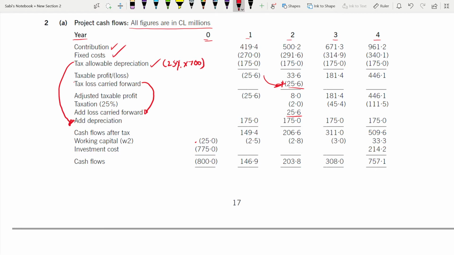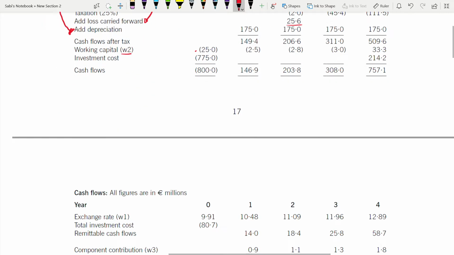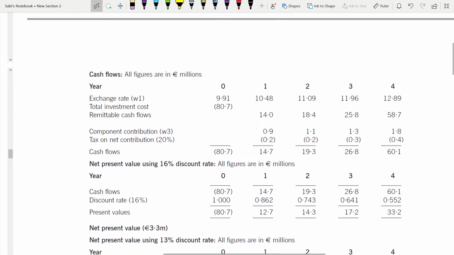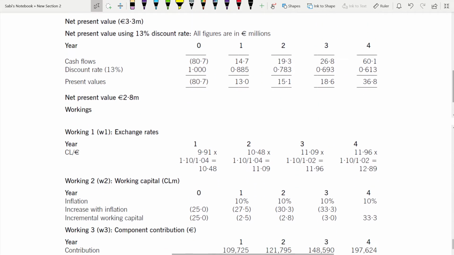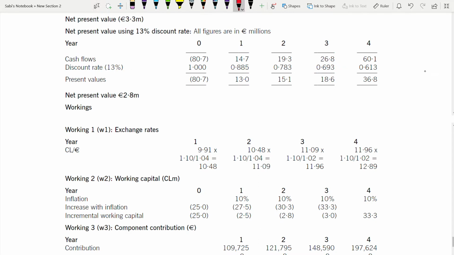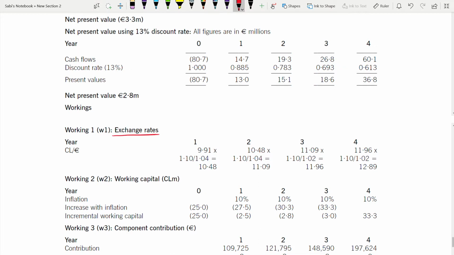But when you calculate for the next years, if you see here, working 2. Okay, you need working. So let's go to working 2 directly. You have to keep some space for all this. These are the main workings. Then if you see, working 1 is your exchange rate. Whenever you have exchange rate issues where you have to find the exchange rate and convert, keep the first working as your exchange rate.